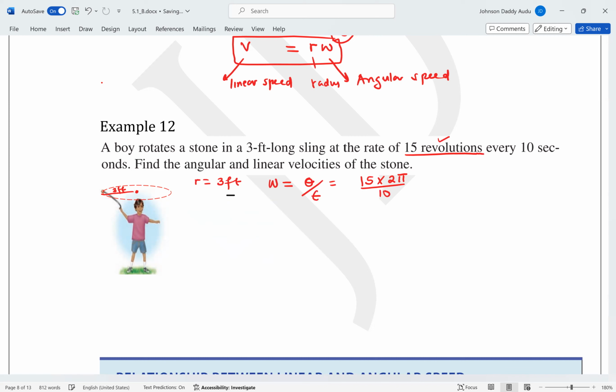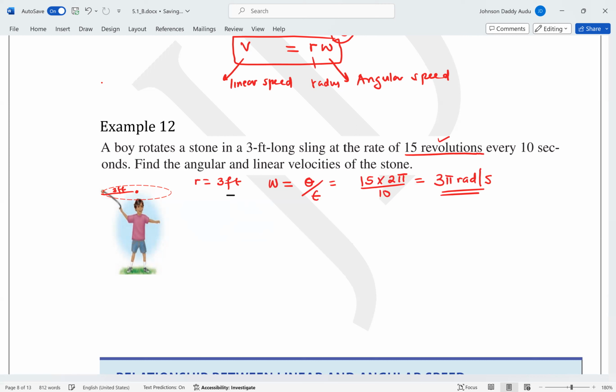We just converted revolution to radian by multiplying by 2 pi. Then we divide by 10 seconds, which is the time. So this is just going to give us 3 pi rad per second. So this is our angular speed, because angular speed is theta over t.